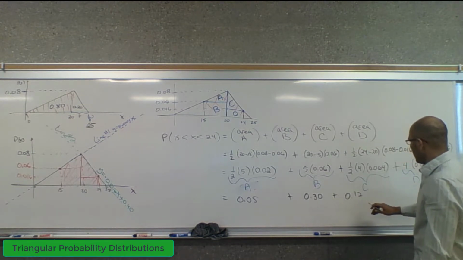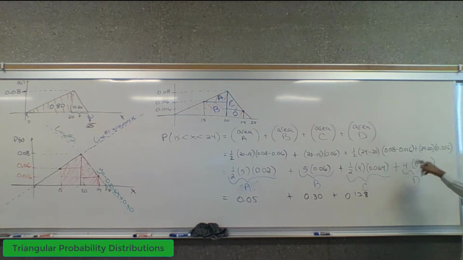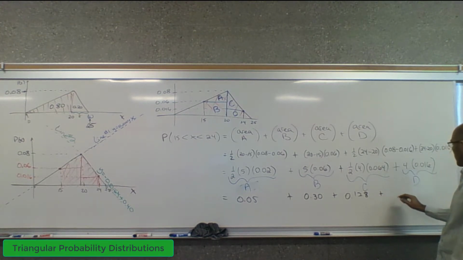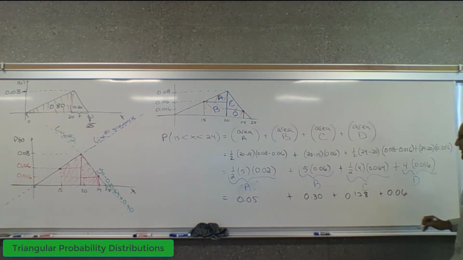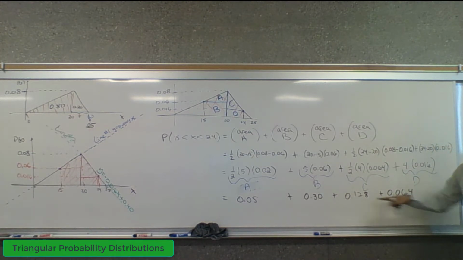Is that right? 128? Yeah. Okay. And then this guy, 0.016 times 4, 0.064. Yeah. Okay. So now we add them all together.